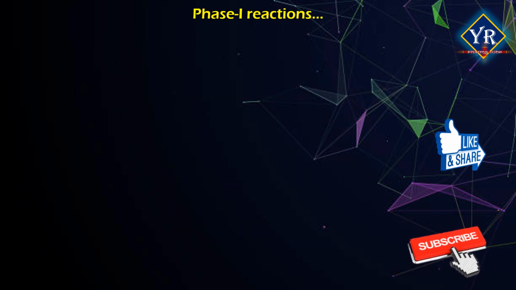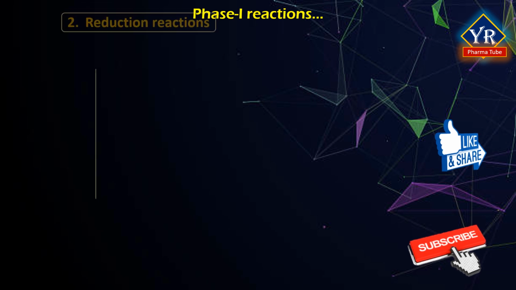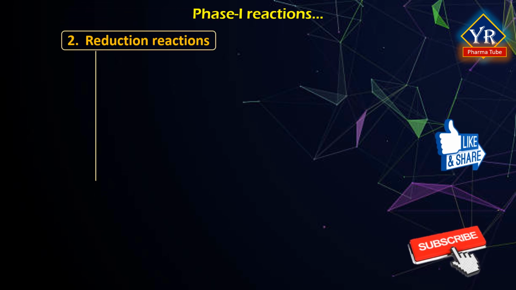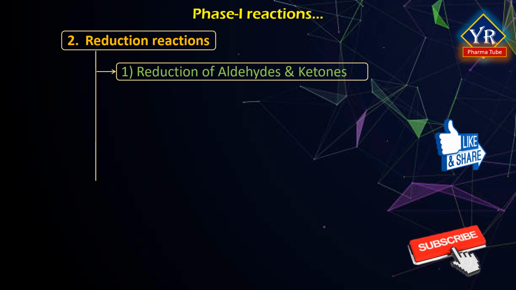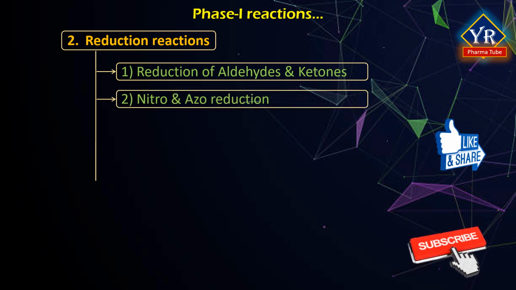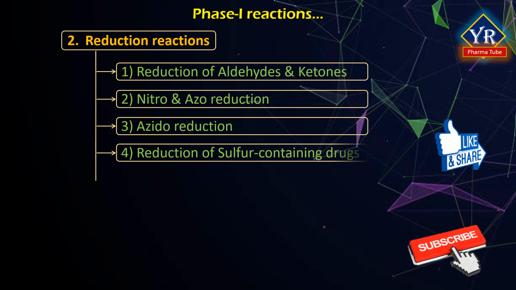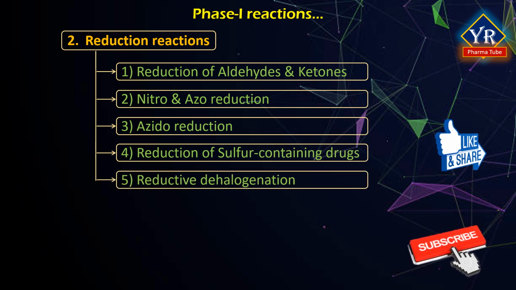The second type of phase 1 reactions are the reduction reactions. These reduction reactions are of 5 types, which include the reduction of carbonyl compounds, that is aldehydes and ketones, reduction of nitro and azo compounds, azido reductions, reduction of sulfur-containing compounds, and reductive dehalogenation.